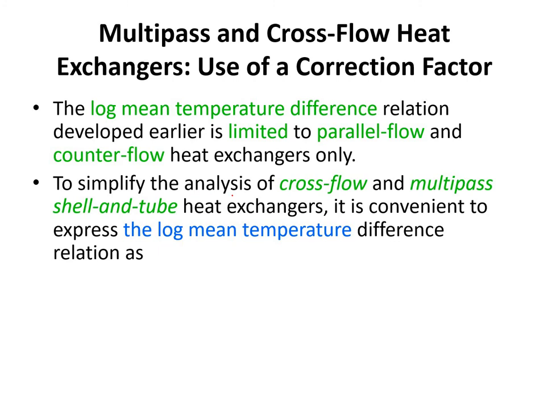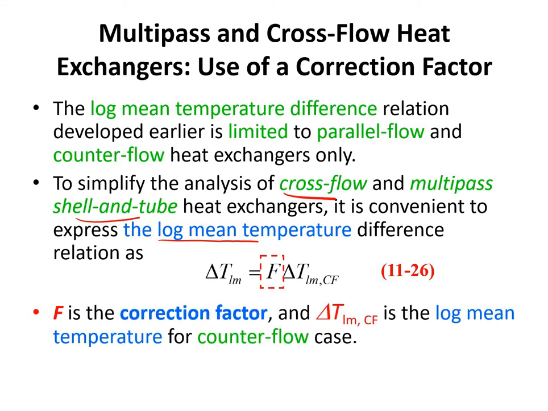To simplify the analysis of cross-flow and multi-pass shell and tube heat exchangers, it is convenient to express the log mean temperature difference relation as delta TLM equal to F, which is the correction factor, times delta TLM. The F here is a correction factor, so we need to multiply with the delta TLM for the counter flow case.